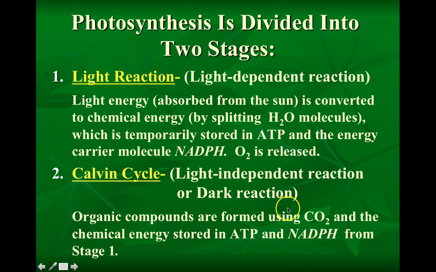So the molecule of CO2 is also split using the energy from ATP and NADPH, which is another molecule that's used as an energy storing molecule. CO2 is split in half. The oxygen will leave just like the oxygen from water left in the light reaction, and that's where it goes into the atmosphere.